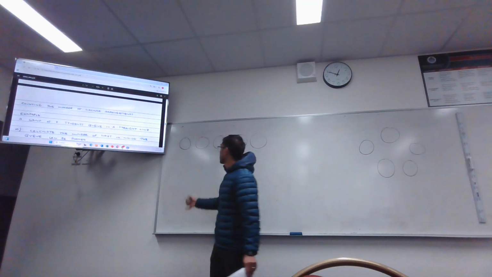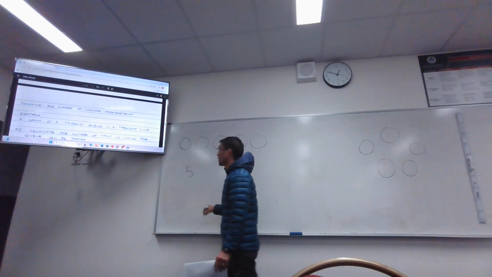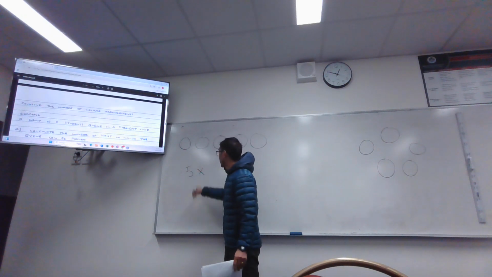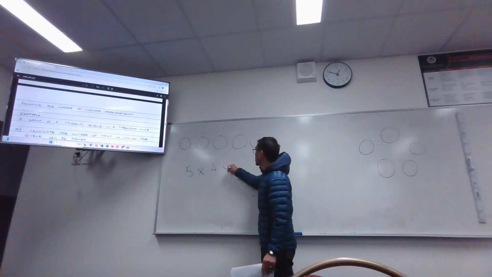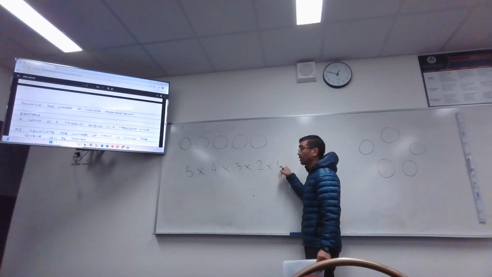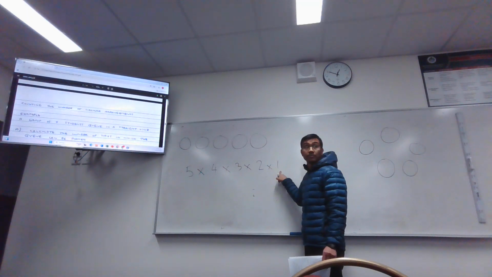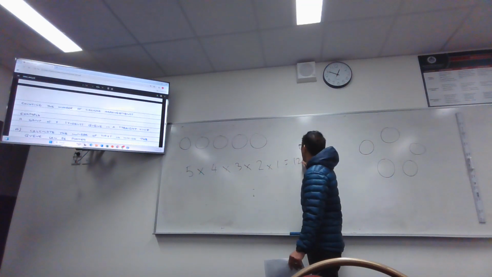Okay, as before, how many do we have to begin? 5 options. Each of those 5 options then have 4 options. Each of those combinations then have 3, then 2, and then the last one lines up, giving you a total of 120.